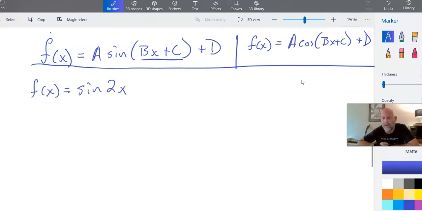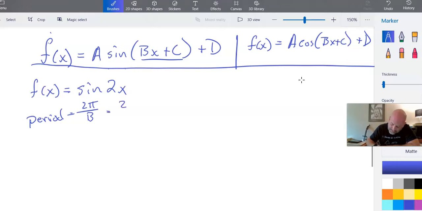Okay, so we need to see what happens to the period. Okay, so the period, remember, is 2 pi divided by b. Okay, so the question is, what's b here? Well, if we look at the form, basically c is 0 and b is 2. Right, so b is 2 in this case.